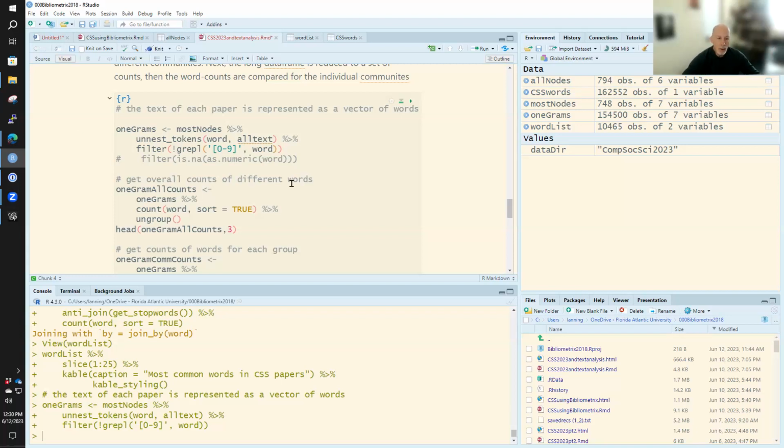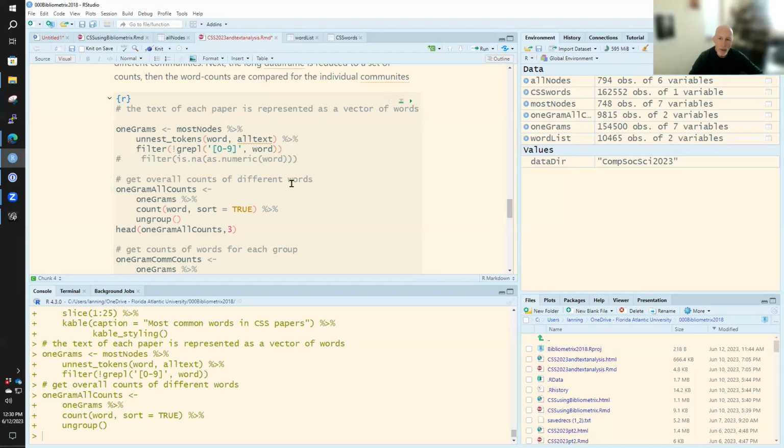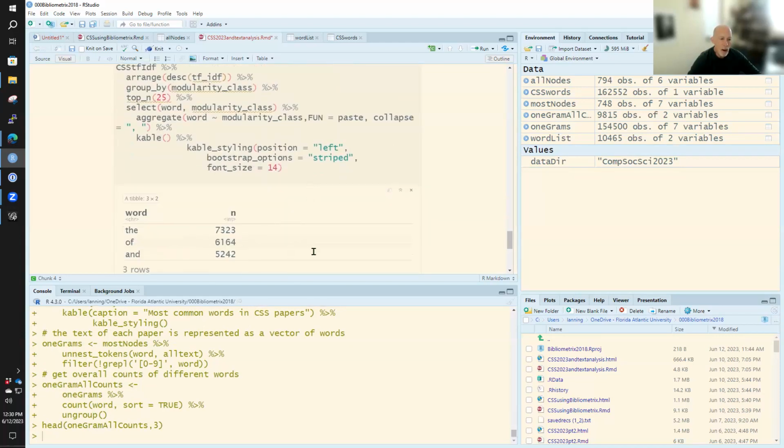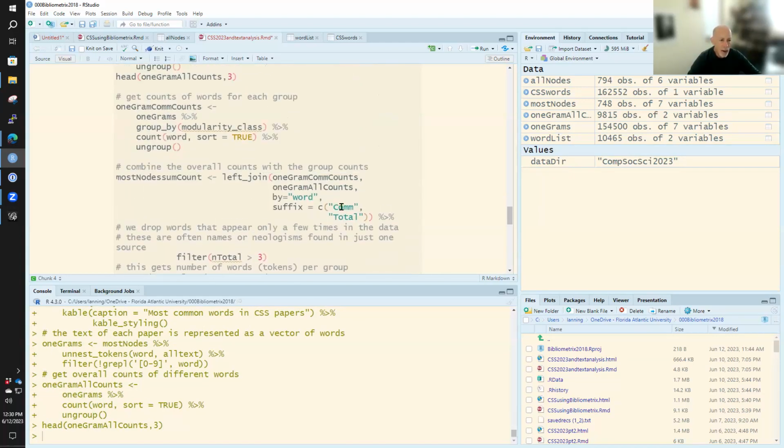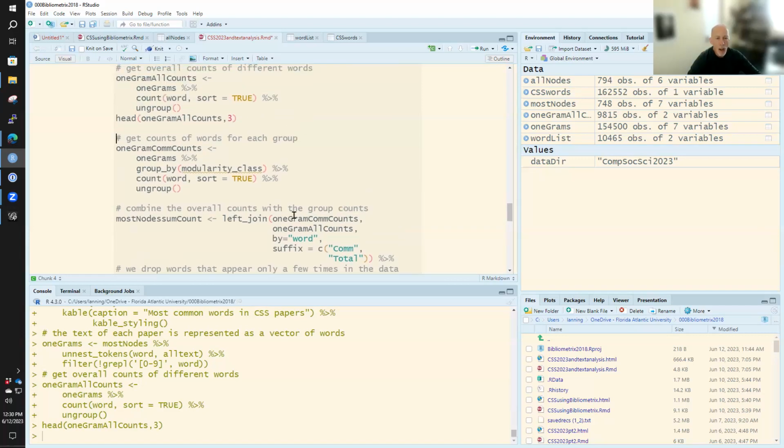So our overall counts of the different words, again, this is going to be pretty similar to what we had before. We've got something that looks like that: the, of, and. These are our stop words, but we're not getting rid of the stop words here because we're going to be comparing different groups. And the proportion of words that are stop words may actually be informative. Words like "and," for example, suggest complexity of speech, but that's kind of a separate thing that we may or may not get into.